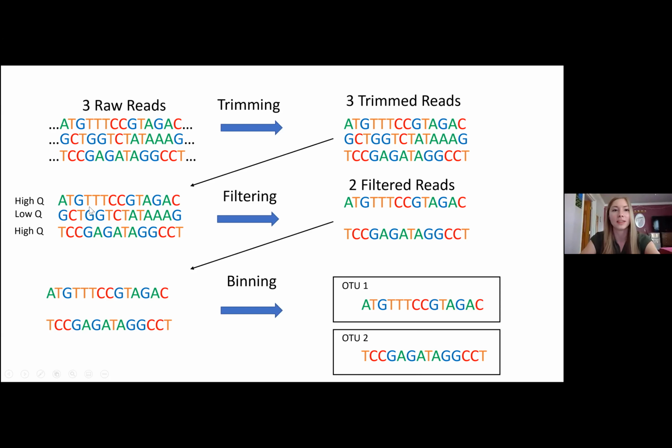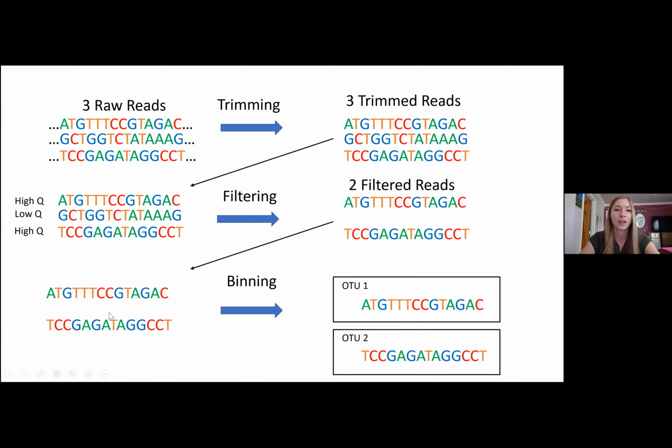Then we take those reads and we look at the actual content of the reads themselves. Each base pair gets a quality score assigned to it, and strings that have low quality overall are filtered out of the process. This can also include strings that are a little bit too short or are much shorter than our target string length.